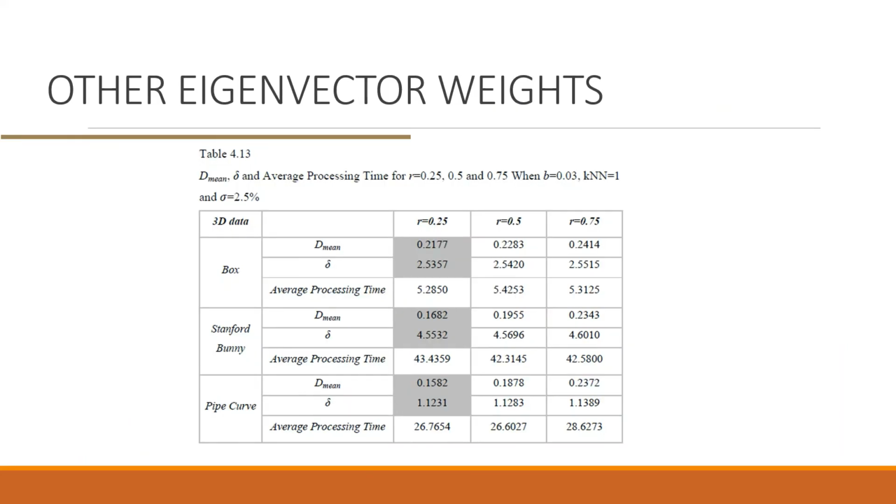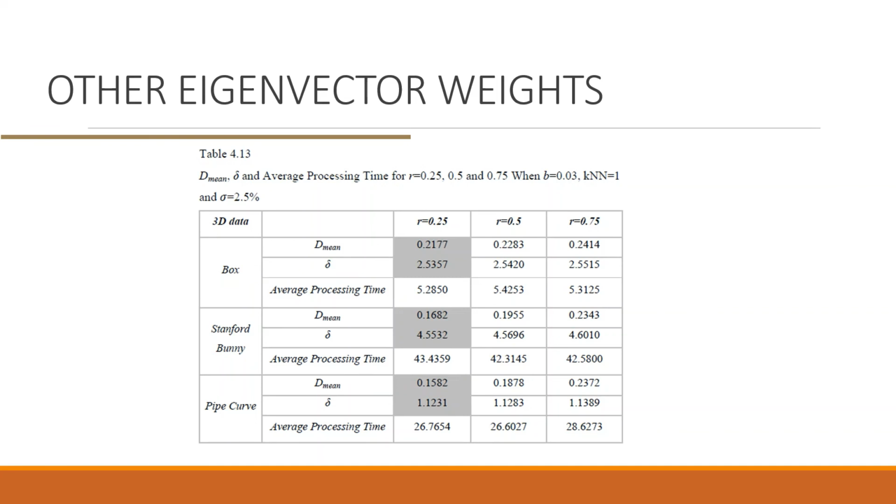Then we also tested using different eigenvector weights, R, just now. R is between 0 and 1. In this case, we compare R 0.25, 0.5, and 0.75 for this value of B and KNN equals 1, and the noise is 2.5%. The purpose of this comparison is to analyze whether the bigger or the smaller R will give us the best result.